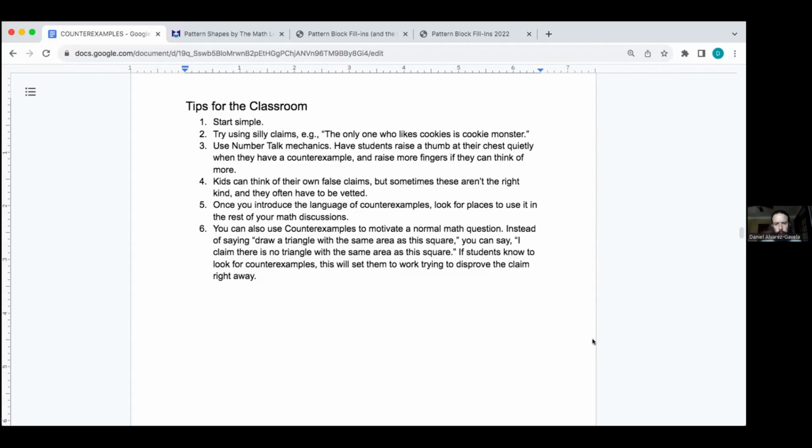So once you introduce the language of counterexamples, you can look for places to use it in the rest of your math discussions, because again, there are a lot of claims in mathematics that can be settled by a judicious counterexample. Remember this example: all squares are rectangles, but not all rectangles are squares.